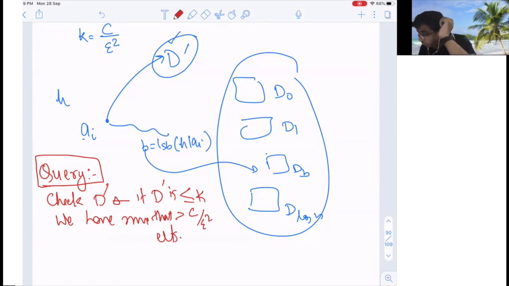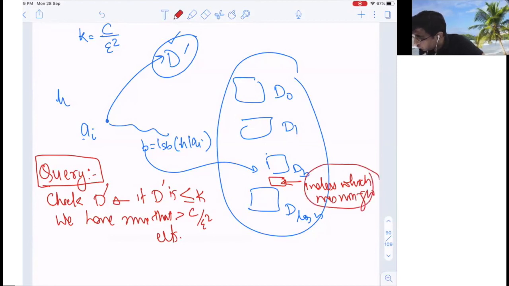Now, let's go back to the AMS algorithm. What did we do in the AMS algorithm? We looked at the highest index which was non-zero, and that was good enough for our purpose.